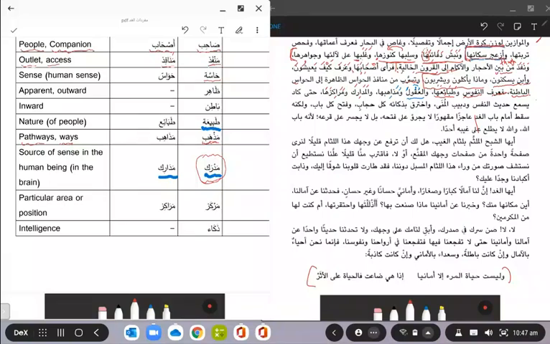When you say the fi'al daraka, it means that he understood. Yeah, I guess understanding is one, but there's a slight difference between fahima and daraka. Daraka means understood as well, or perceives, realizes. Perceiving or realizing is probably what I was looking for. Madrak is the place of perceiving or realizing.